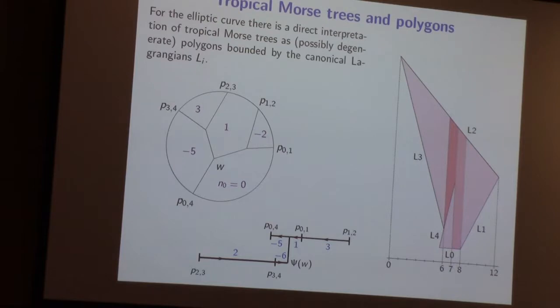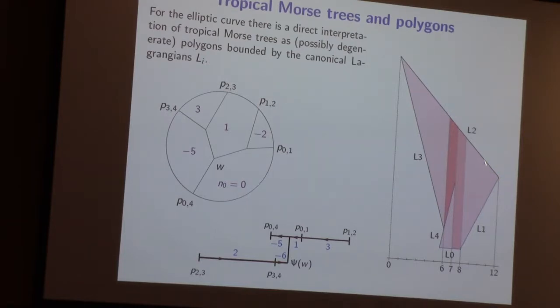Now you can translate this into a polygon. Let's just start at some point. This thing would be the T12, okay? So it tells you that on one side you have a boundary on L1, and on the other on L minus 2. There's some sign convention that makes these slopes look like slope minus 2 rather than 2, but never mind.